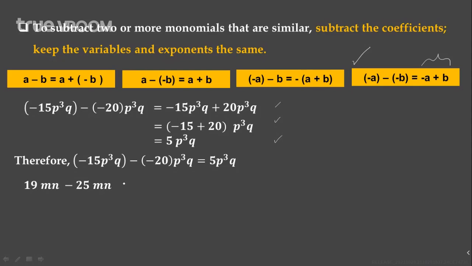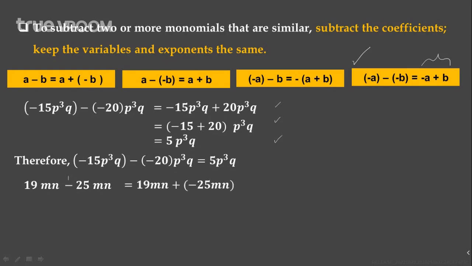Here, first step is equal to positive 19mn. Change minus to plus, and 25 becomes negative 25. Very good.